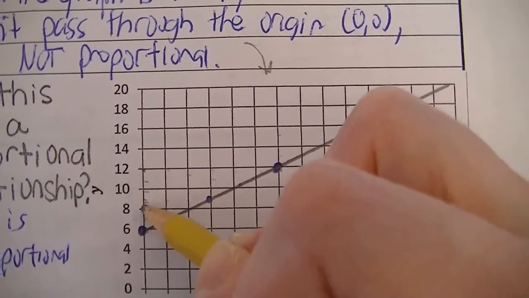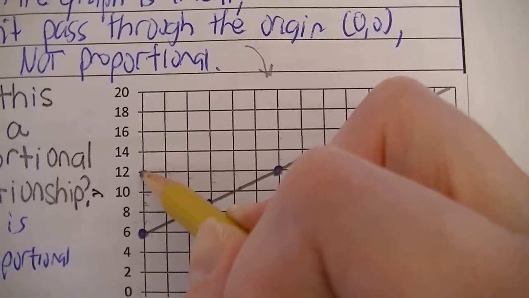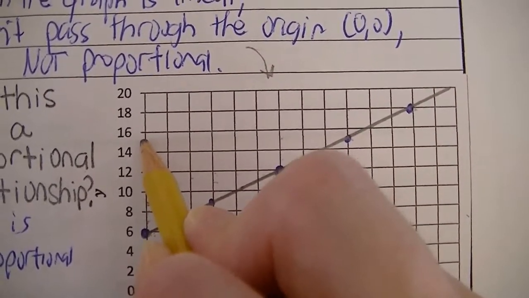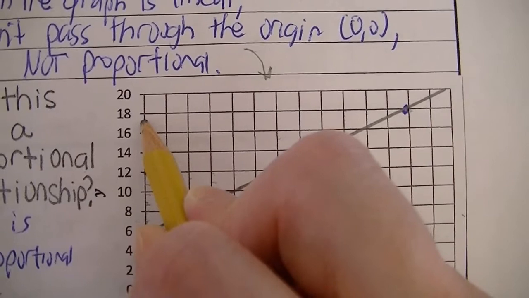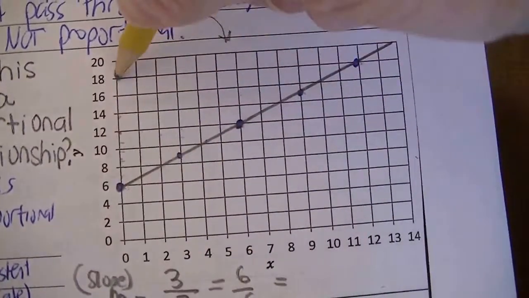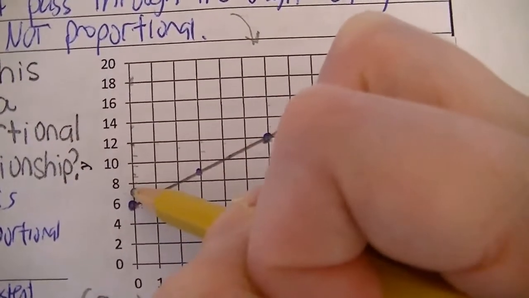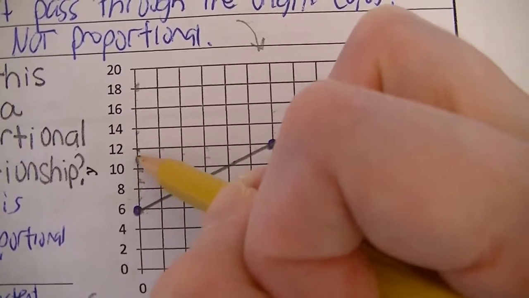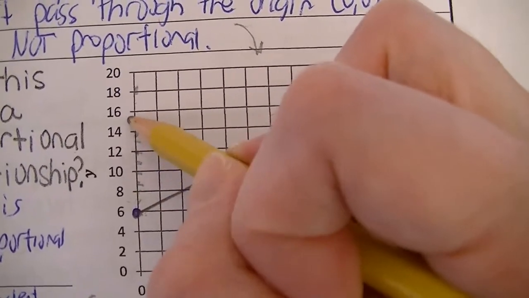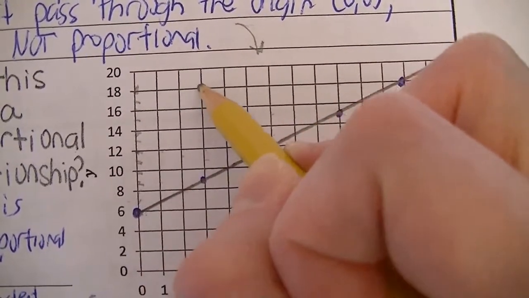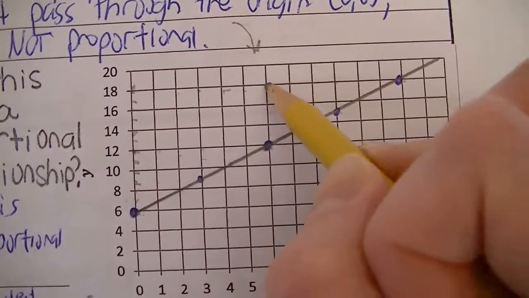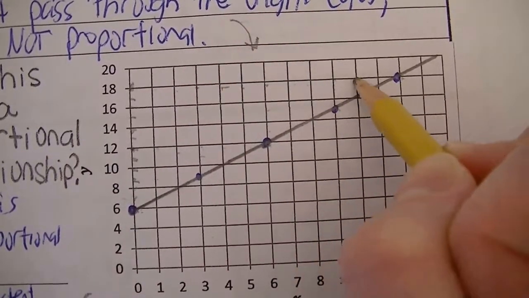So up 1, 2, 3, 4, 5, 6, 7, 8, 9, 10, 11. Hold on, did I count right? Up 1 through 12. To the right, 1 through 12.